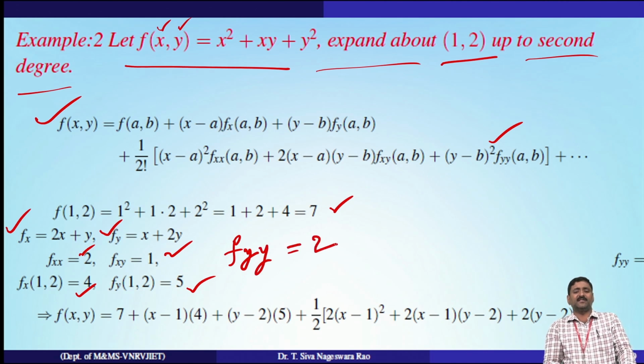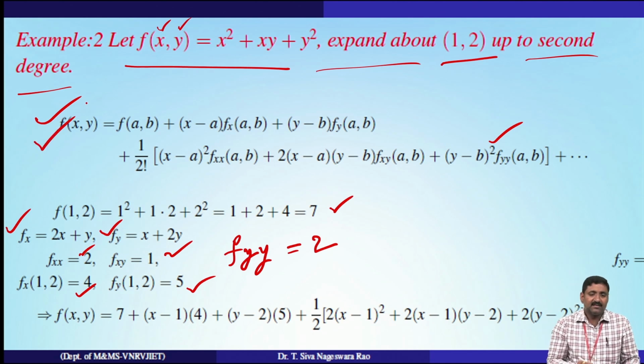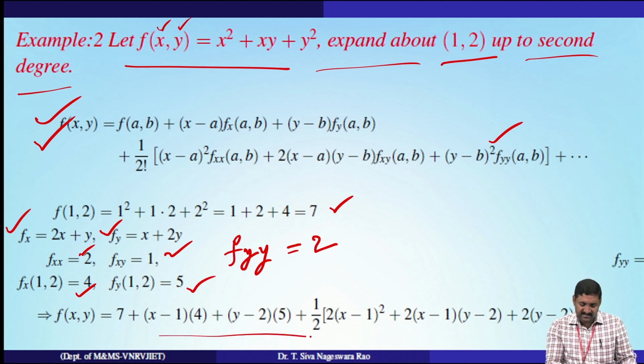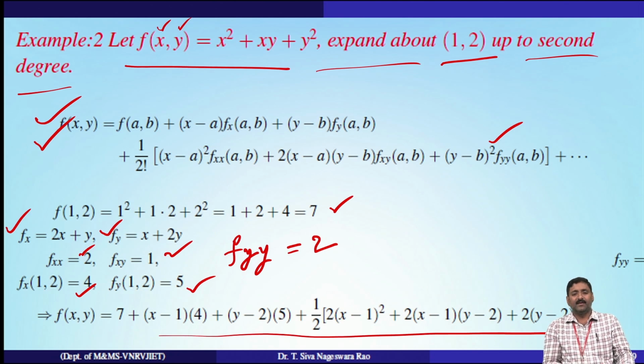Now substitute all these partial derivative values into Taylor's expansion of the given function f of x comma y. You will get the final answer in this form. So this is how we can find the Taylor series expansion of the given function involving two variables x and y.